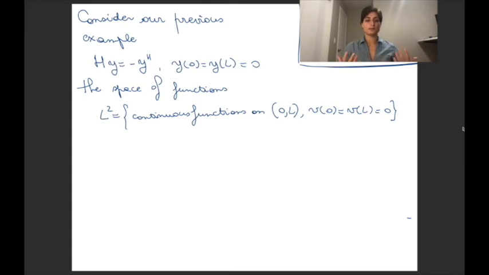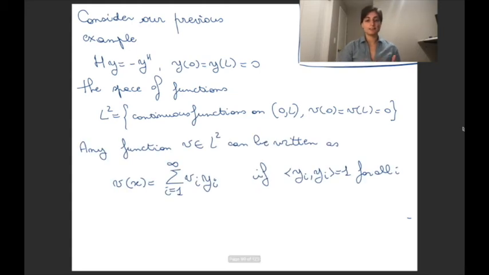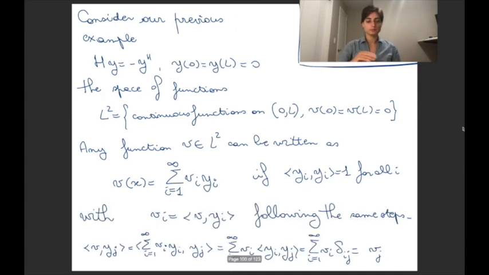So we introduce the space of functions. We call it L2. And you'll never have to care why we called it L2. This is a space of continuous functions from 0 to L, where v(0) is equal to v(L) is equal to 0. Any function that belongs to this space can be written as an infinite sum of some vi times yi, where yi is the ith eigenfunction associated with the self-adjoint operator H, provided that we rescale it in such a way that the inner product of yi with yi is equal to 1 for all i.